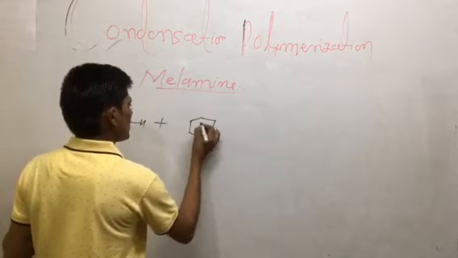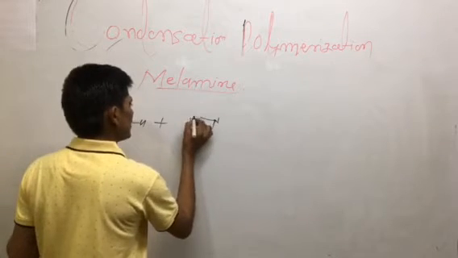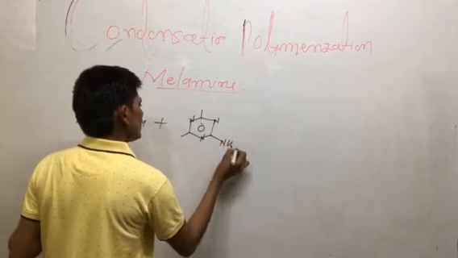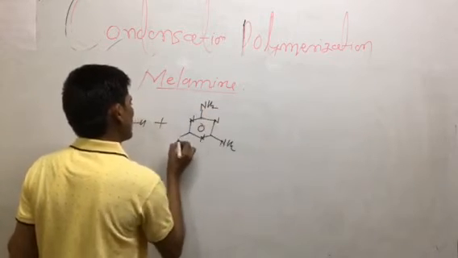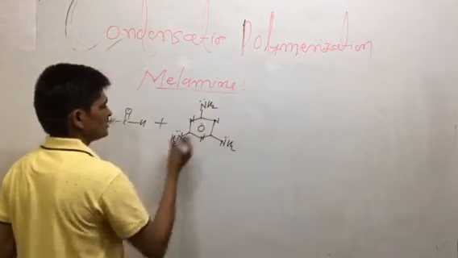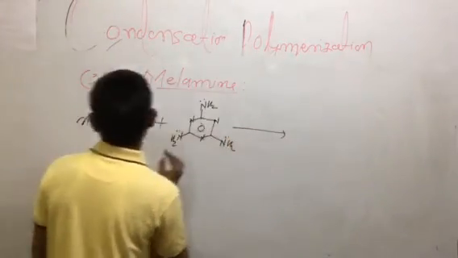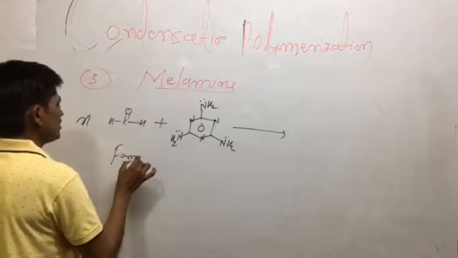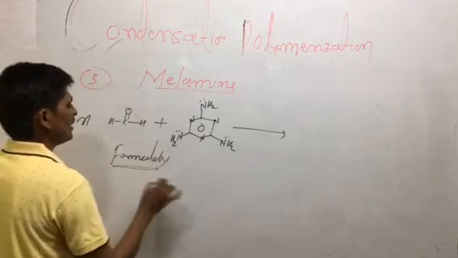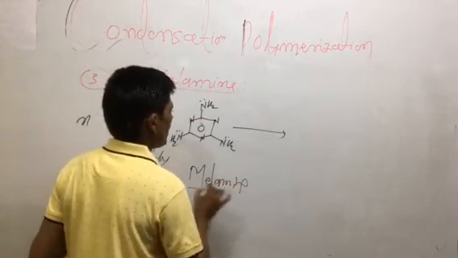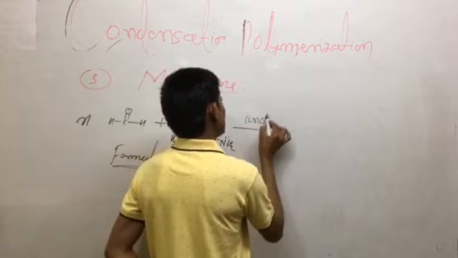So what is the melamine? This is the nitrogen, a symmetrical type of compound, with NH2 three times, primary amine. So what happened here? This primary amine is condensed with the formaldehyde, with loss of water molecule. A starting reactant molecule, the formaldehyde, is reacted with a melamine. So the condensation takes place.